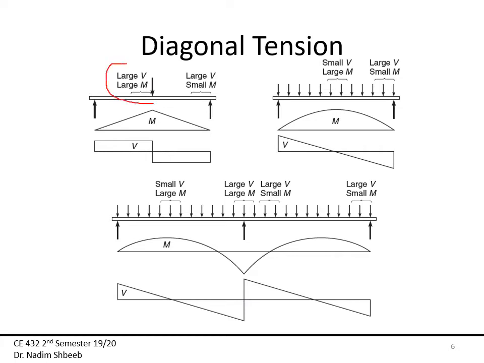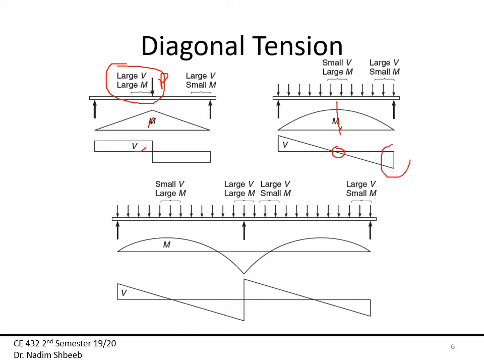So there might be a case where I have a large shear force and large bending moment, like in this simple beam. Again, here's my large moment and here's my large shear, and this is under a concentrated load, let's say P. Now, if I have a distributed load, we know that the maximum moment is at the center, but we also have zero shear. So at that point, I'm going to have a large moment but a small shear force.